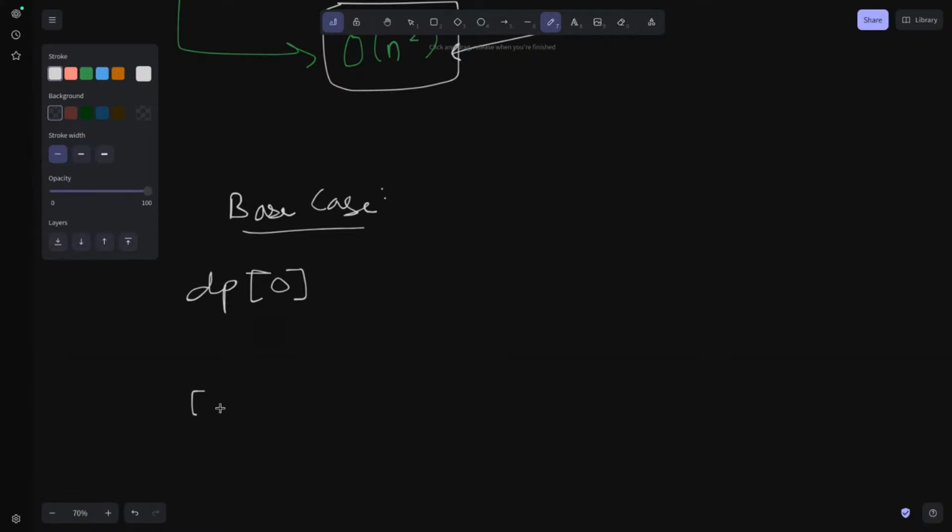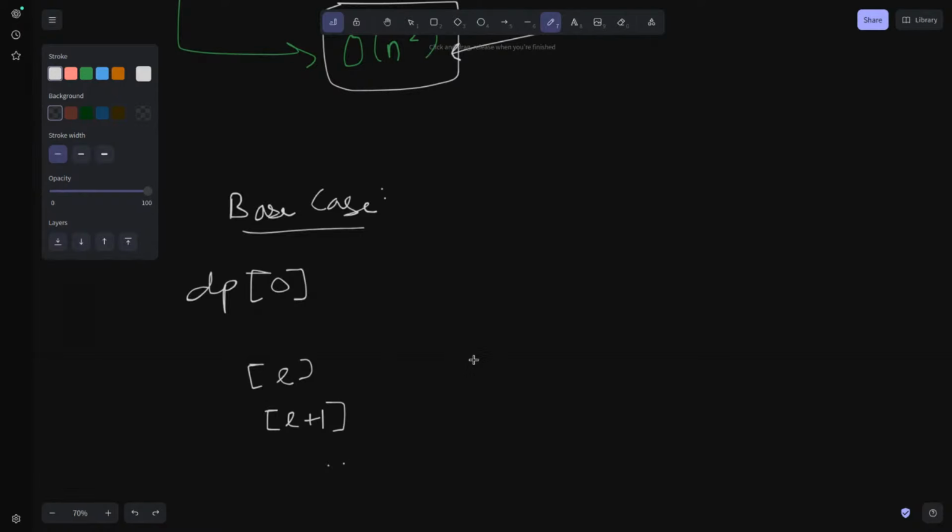And what are the possible values for a length 1 array? Well, it can be anything from L all the way to R. There's no restriction, right? So L, L plus 1, L plus 2, all the way till R. Each of them has a count of exactly 1, right? Each array has a count of exactly 1.